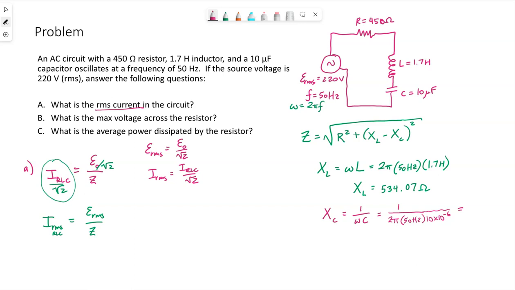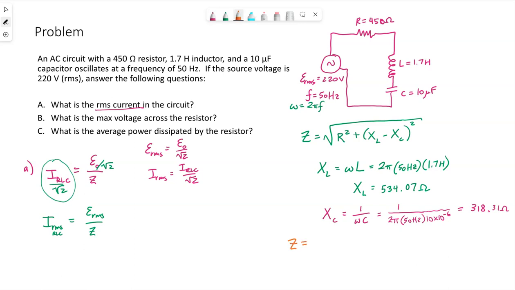So 2 pi times 50 times 10 exponent negative 6. I'm getting 318.31 ohms. So XC here is 318.31. Again, XC is the one that is most commonly miscalculated, so just be careful when you are calculating.